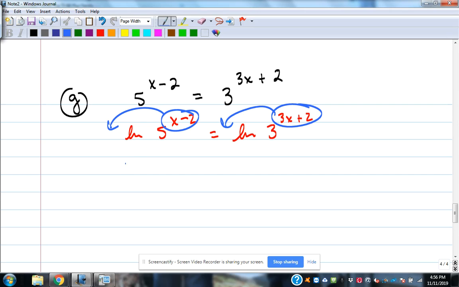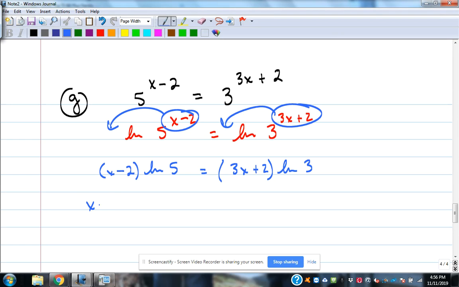So you end up with x minus 2 times the natural log of 5, and then 3x plus 2 times the natural log of 3. And then what did we do at this step on the last problem? We distributed, okay?